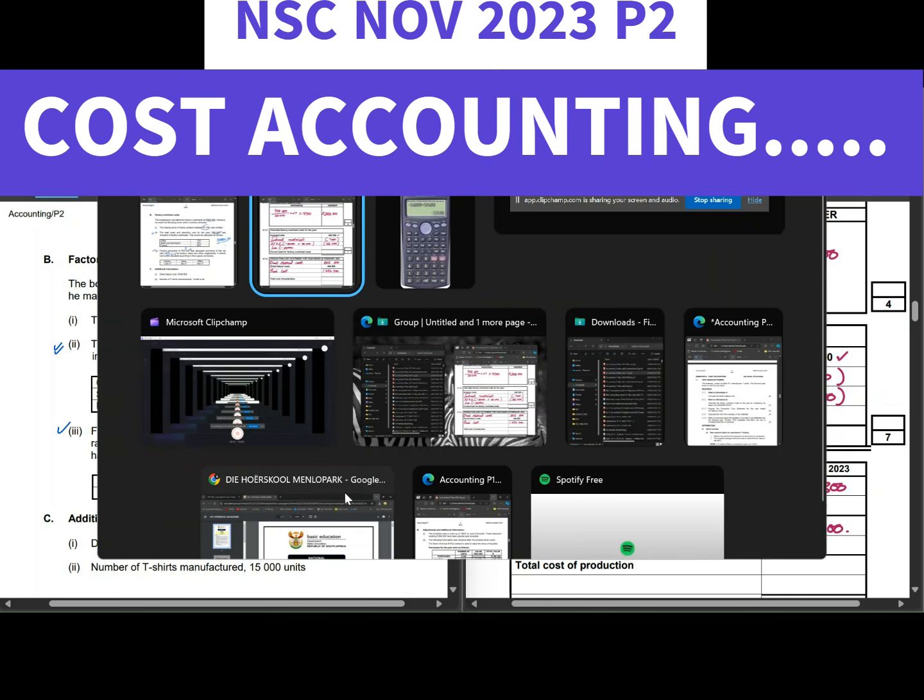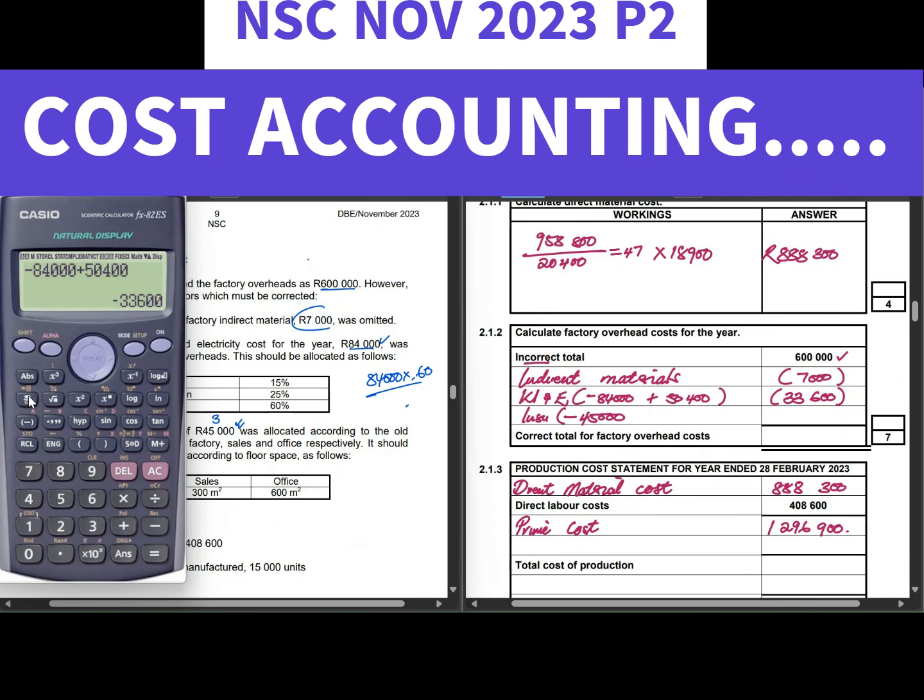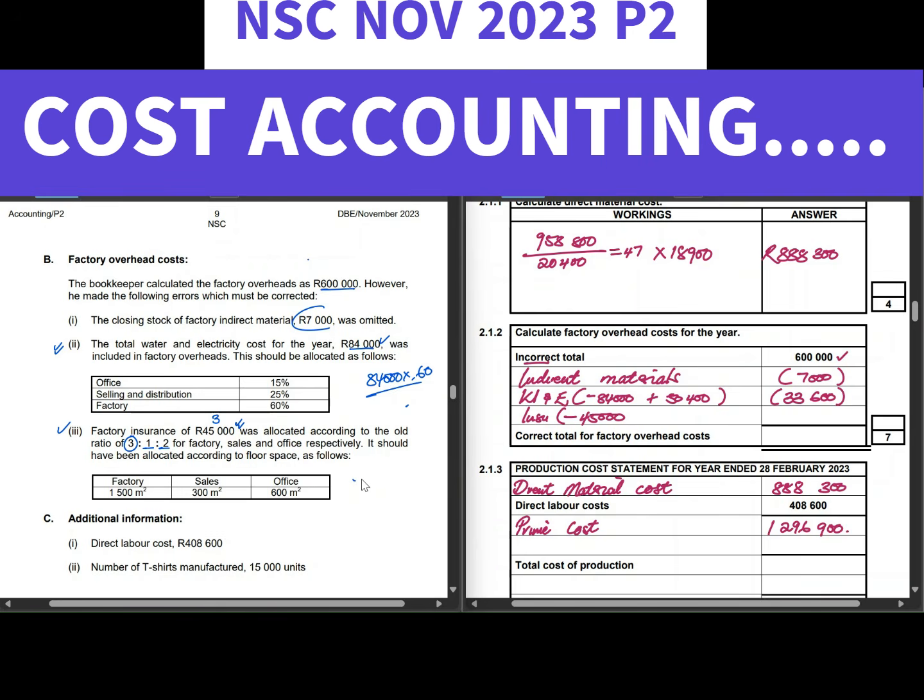So you come to your calculator and you are now saying what you want is 6 and what you have is 3. And then you multiply that by your 45,000. And that will give you 90. That means the entire amount before it was split was 90,000.